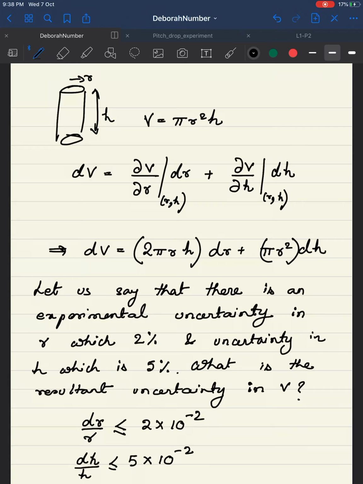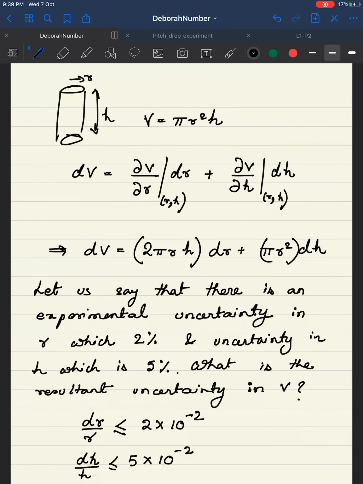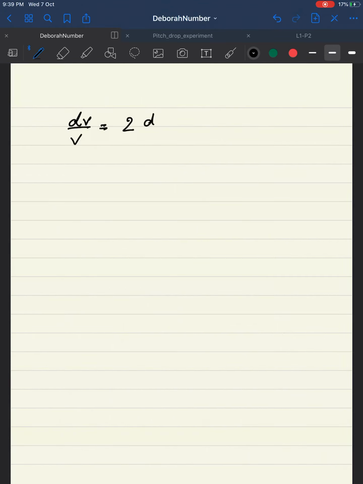So right now, what is V? By the way, we just calculated dV. To calculate the uncertainty in V, all we need is the relative uncertainty. We just need to divide this by V. So now dV by V becomes, it's rather straightforward to do this division, 2 dr by r plus dh by h.